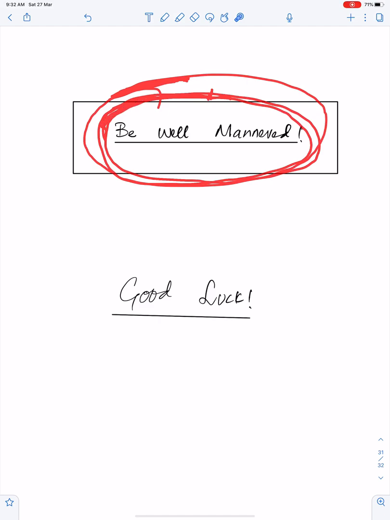So well mannered contains almost every good characteristic. Well mannered means we must have good qualities, and we must leave bad qualities, and we must adopt good qualities, and we must strive to achieve good qualities in our life.